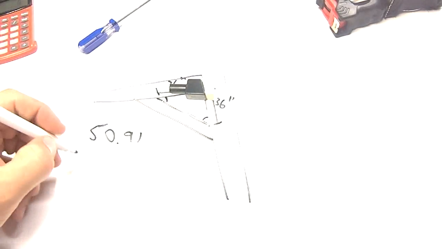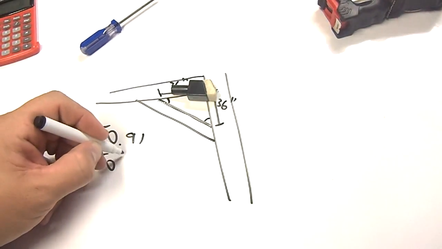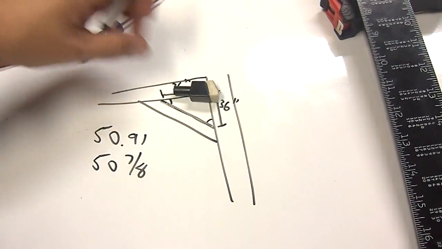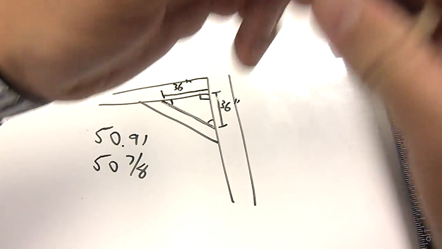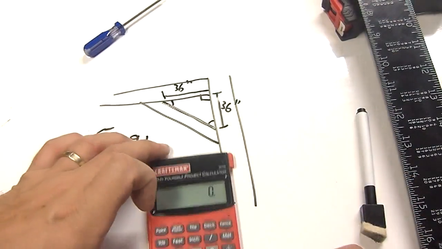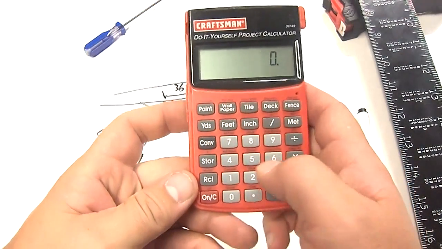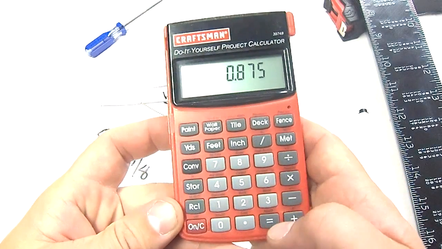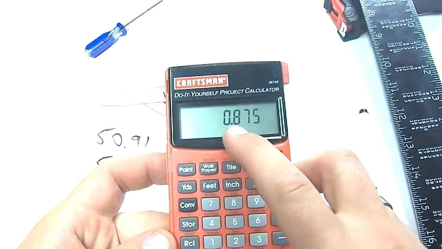Okay, so let's write that down. 50 and 7/8. Now, just to double check that, we'll take a look here. You got the 50 and then 7 divided by 8, and that's what we're getting.